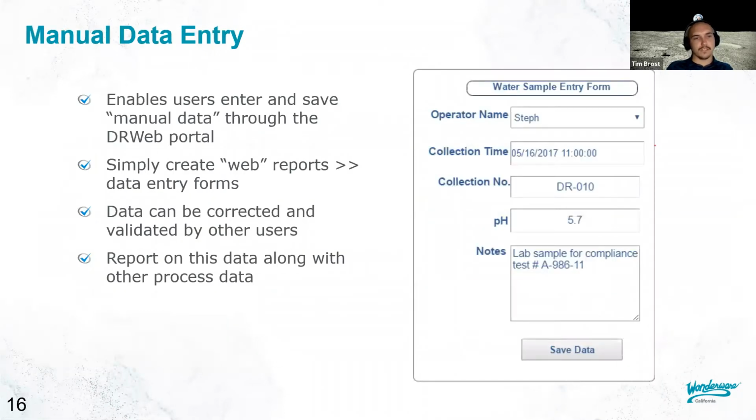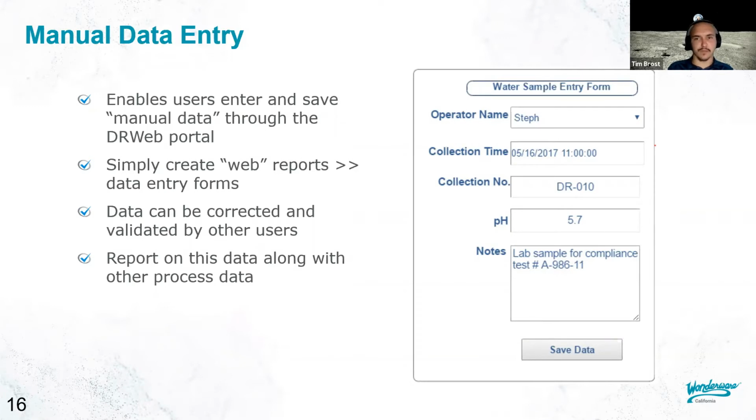One of the other features with Dream Report is manual data entry. In this example, you have a water sample, and they're measuring pH levels of that sample. That manually collected data, I input within the Dream Report portal, and then that inputted data gets saved and logged to ultimately be reported on.